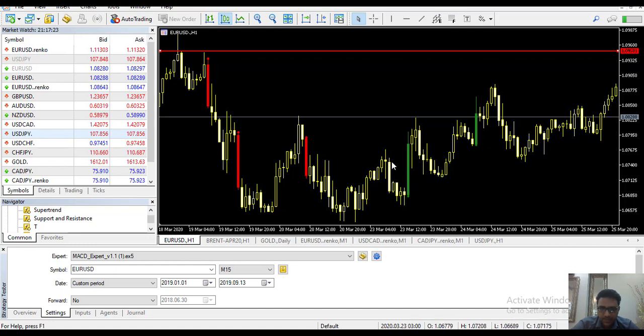So right, we were talking about this area. As you can see, there was a range here. There was a range at this level, wasn't it? A huge reaction from this area, right? When it came back to this area, right?